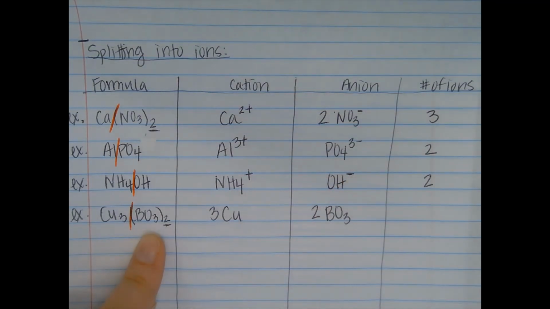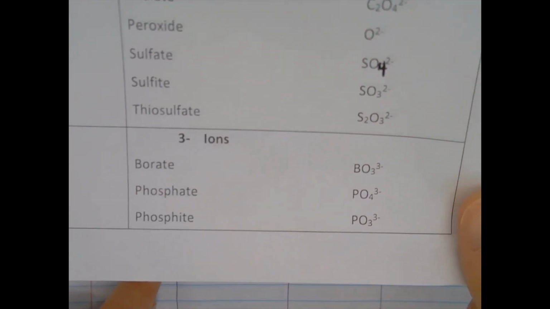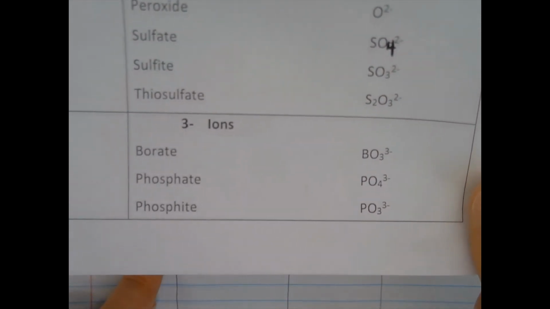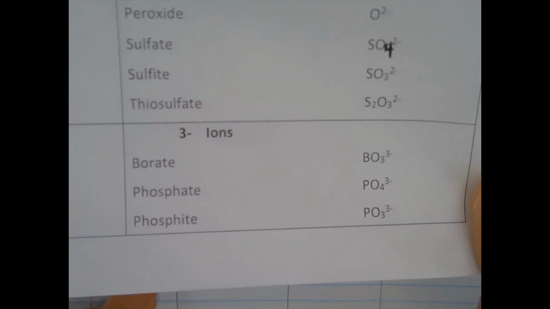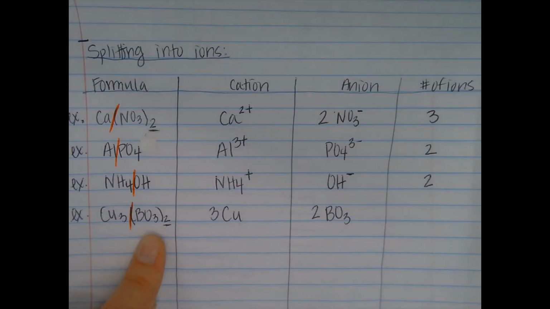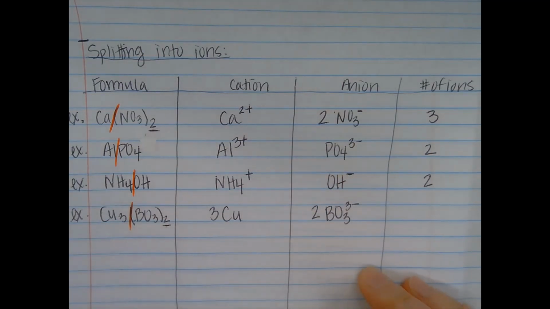I know that the BO3 is a polyatomic ion because it's more than one atom in there. If I look on the chart, I can see borate is BO3 3-. So this is the borate ion, and that 3- tells me what the charge is. Okay, so each borate has a 3- charge, and there are 2 of them.